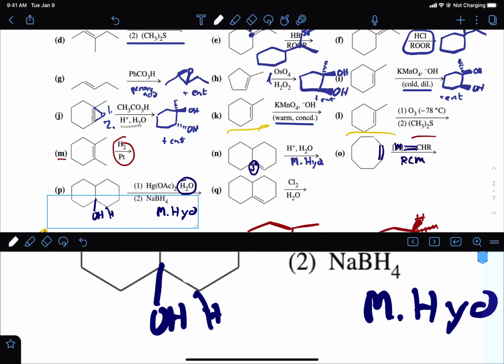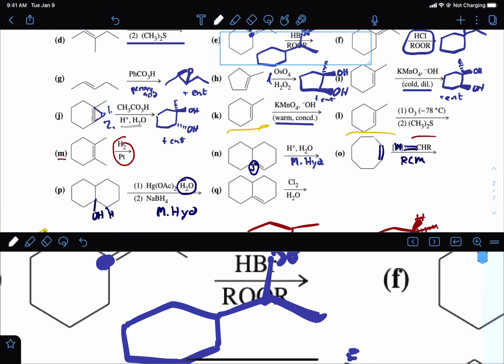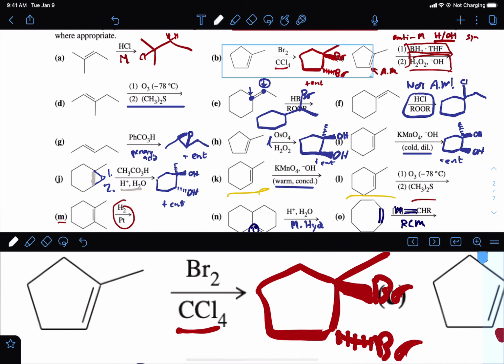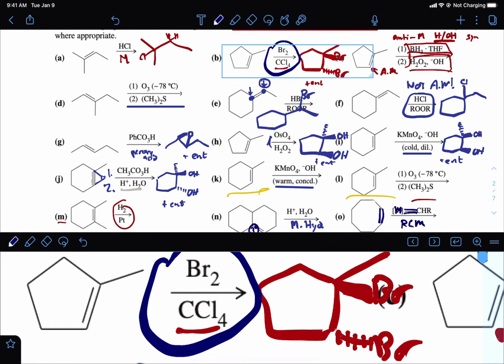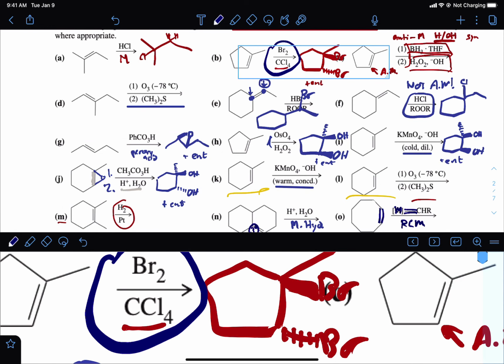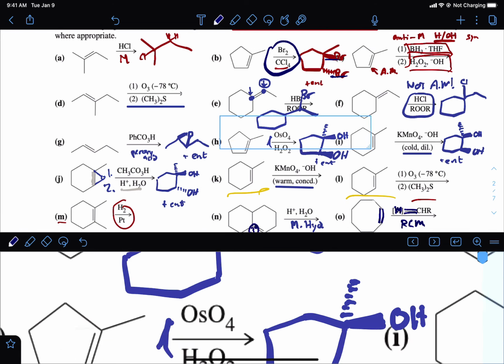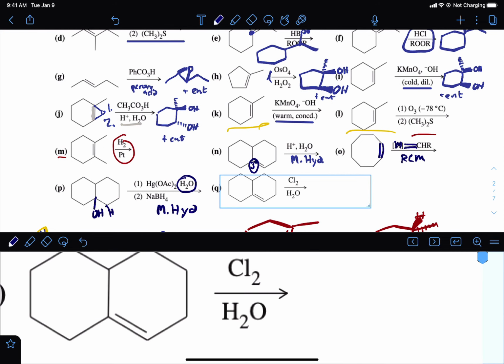Okay. And then finally, Cl2 and H2O. This is like the Br2 reaction here, where we make that bromonium ring and then pop it open, and we end up with the trans or the anti bromines. In your practice problems, you did a reaction where we made the bromonium ring, but then we attacked it with an alcohol.